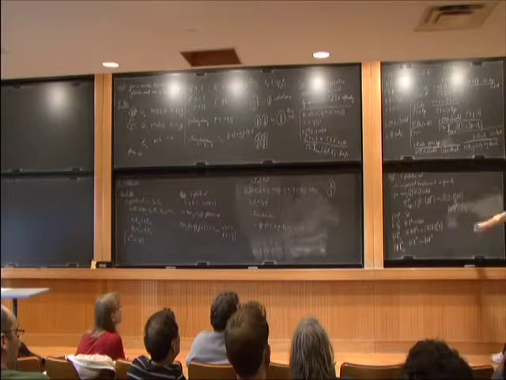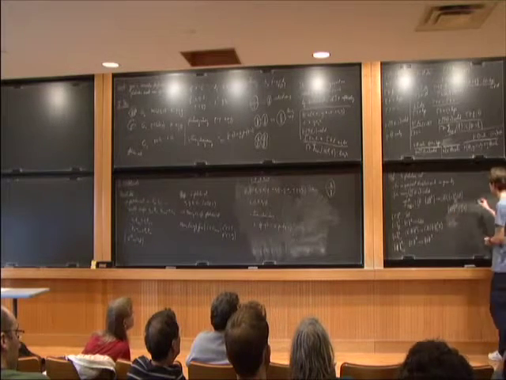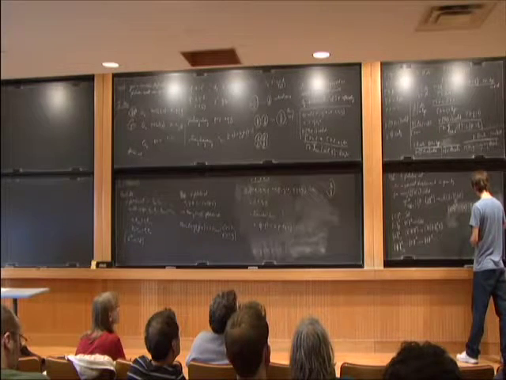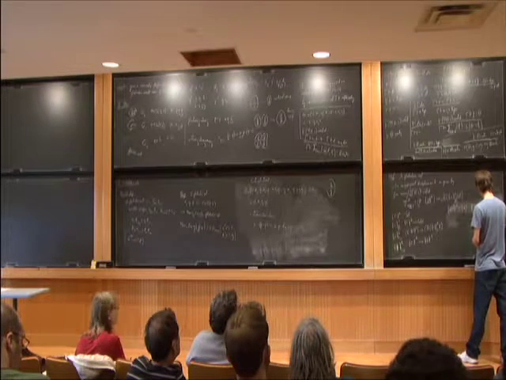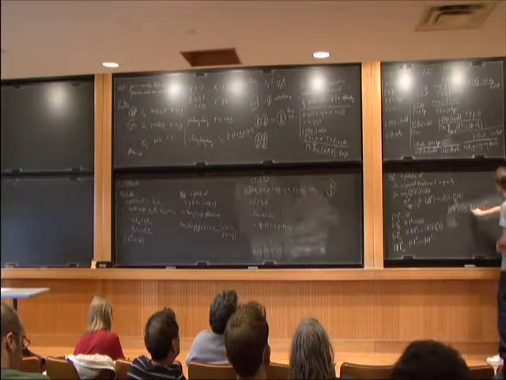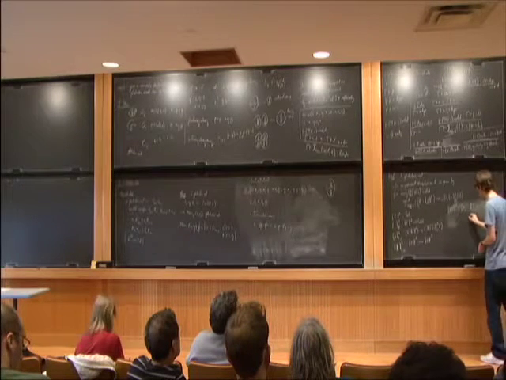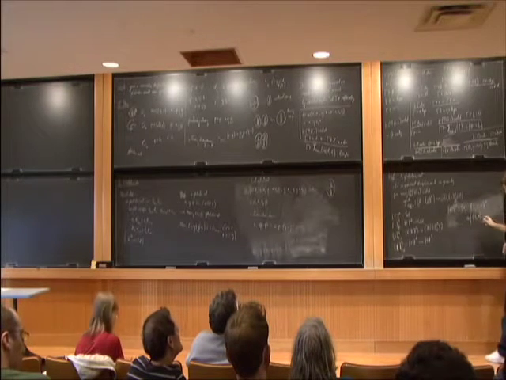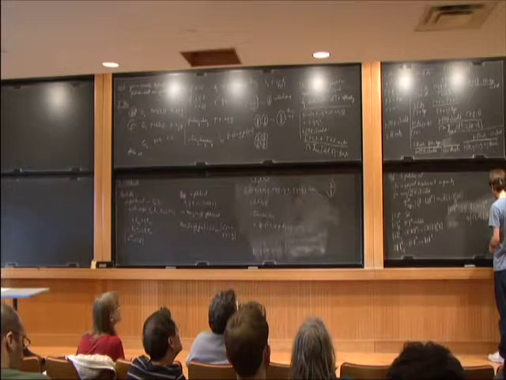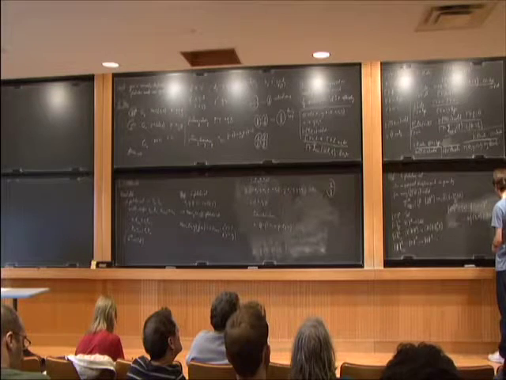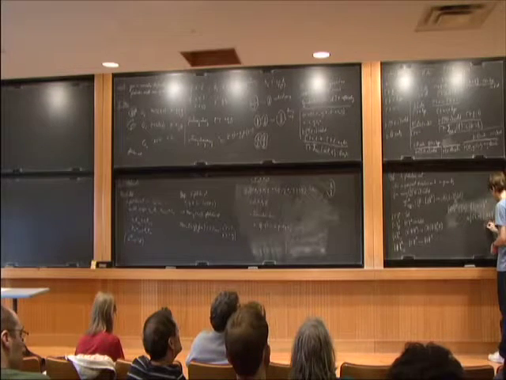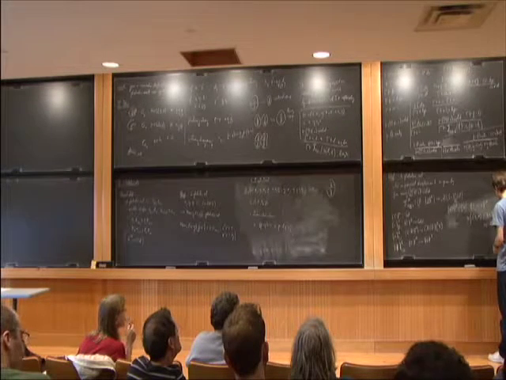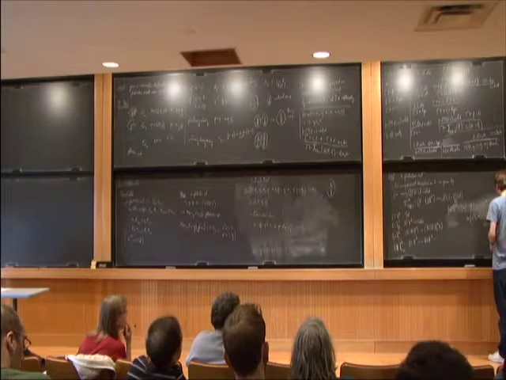So the empty context is interpreted as a singleton. And the context gamma, x colon C, is interpreted as the set of pairs gamma A, where gamma is in the interpretation of gamma, and A is an object of the interpretation of C applied to this gamma.